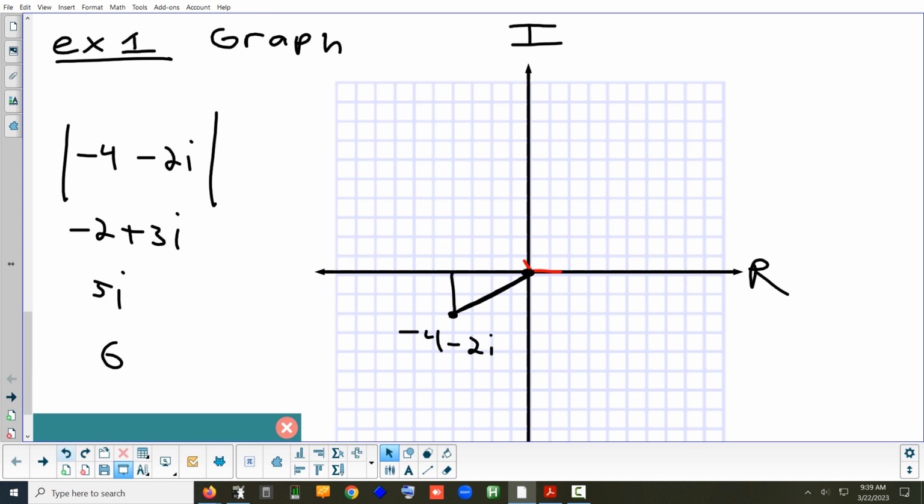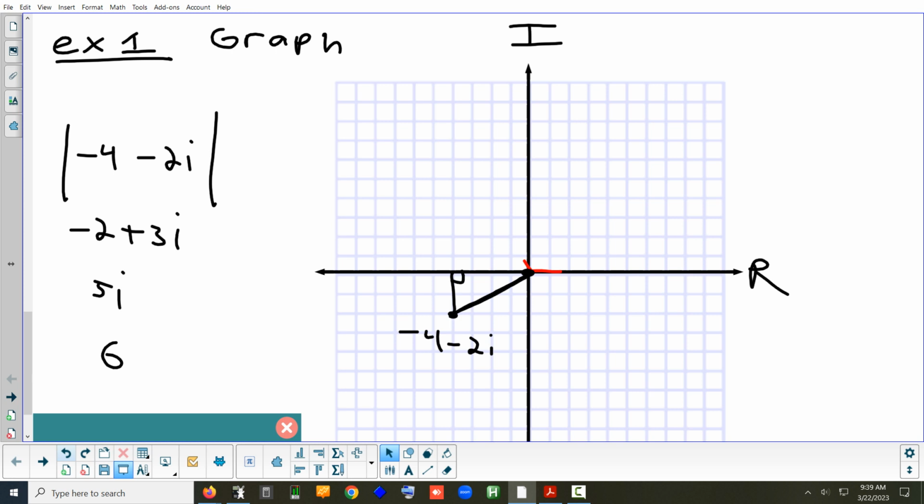Would it matter which axis? Generally go to the horizontal. Yeah, do the horizontal. Okay. Now what do we know? We have a right triangle. Okay. 90 degrees. Yeah, we have a right triangle. Anything else? We know 2 of the sides.